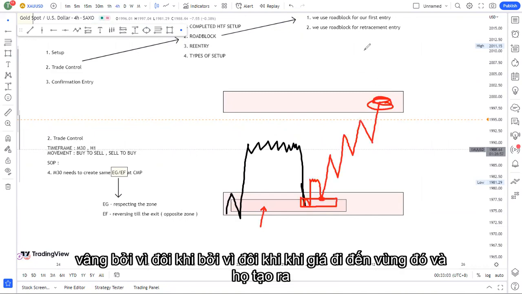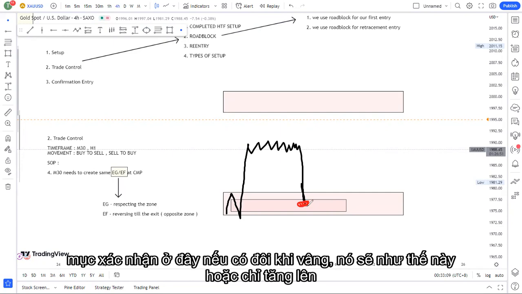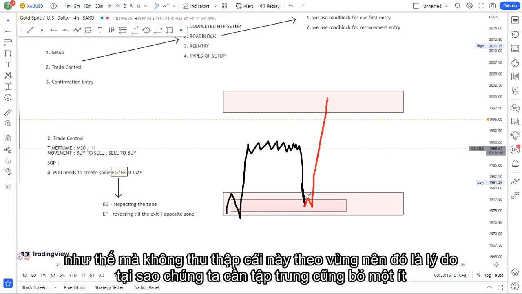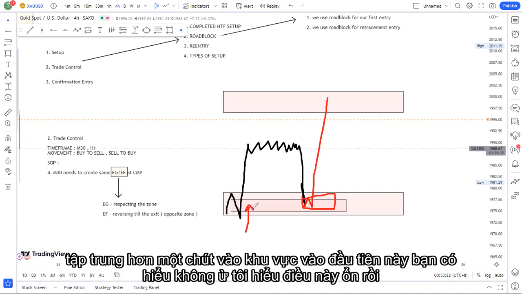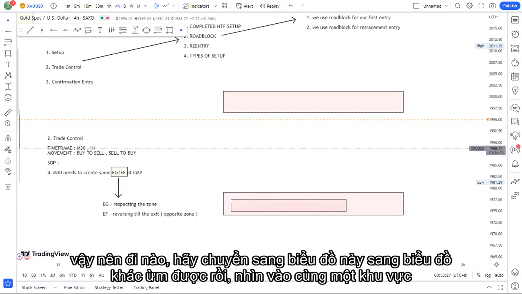Because sometimes when the price went to the zone and created the confirmation entry here, it may just go up without collecting this buy zone. So that's why we need to put a little bit more focus on this first entry zone. All right, good. Let's move to the chart.